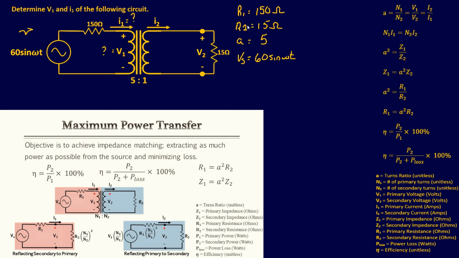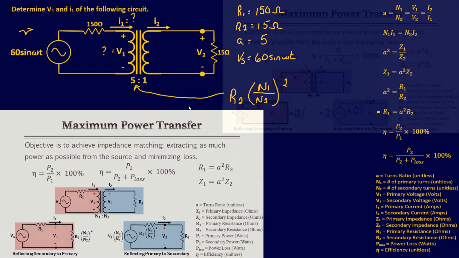They have R1, and then you have your transformer seeing a resistance of R2 times your primary turns over your secondary turns, and that's squared. And that's going to mimic something that looks just like that. So that equation right there is going to go right on the primary side of that transformer.